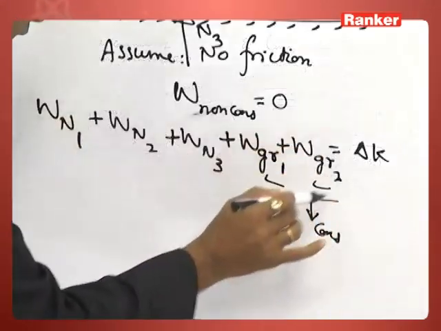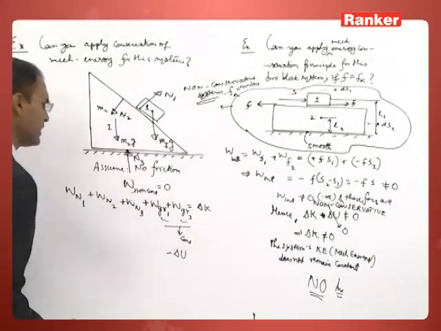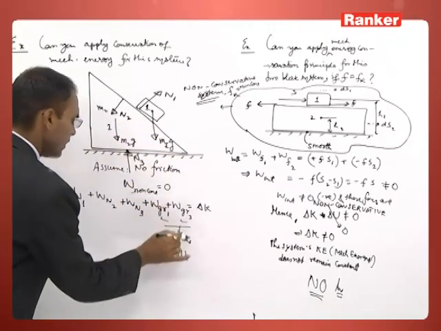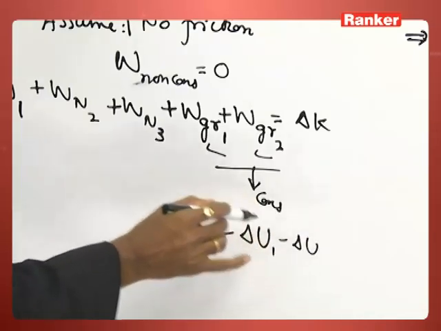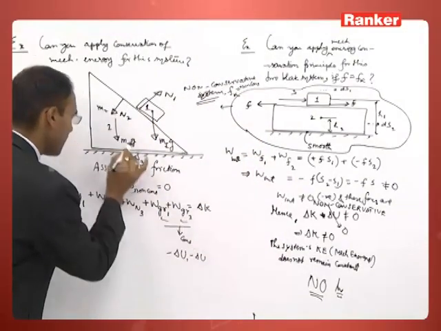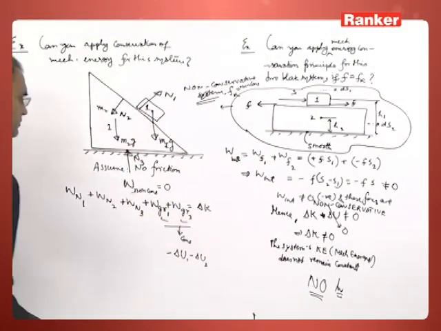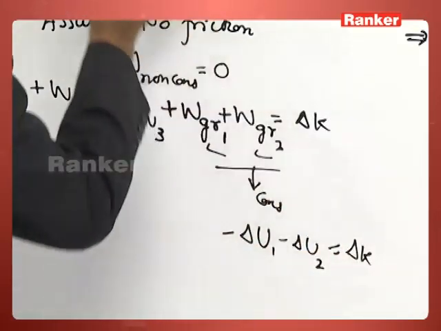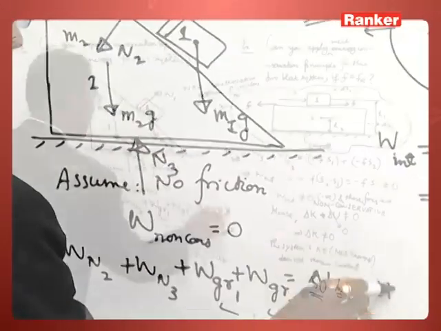So, instead of these two terms, I can write the negative of the change in potential energy of block 1, minus the change in potential energy of block 2 or wedge, is equal to del K. Del K means change in kinetic energy of the first body plus change in kinetic energy of the second body.